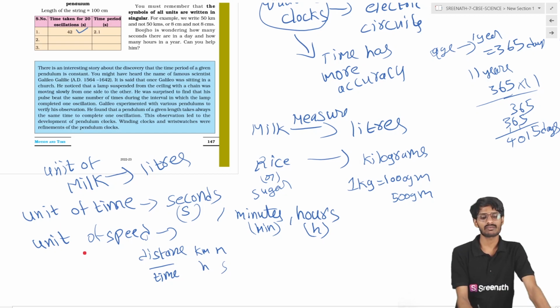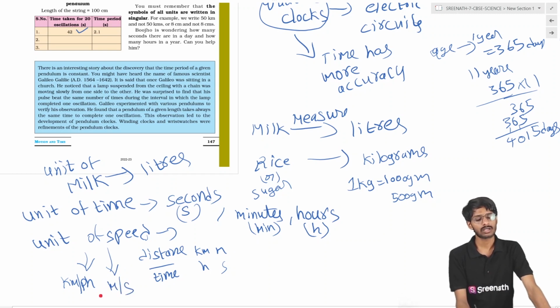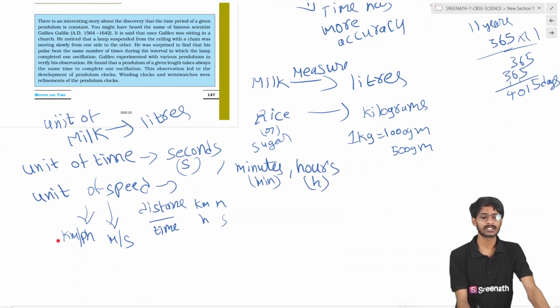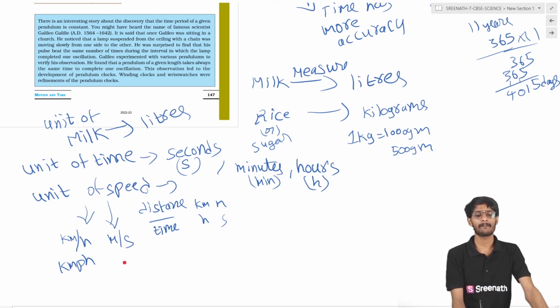So what are the units of speed? That is kilometers per hour or meters per second. We can say kmph, kilometers per hour, or meters per second, or m by s.